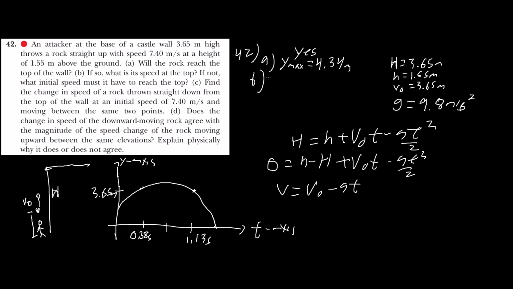Let me store the other one too. Okay, so at 1.13 seconds, the velocity is going to be negative 3.69 meters per second downwards. And then the other one, when it goes towards the top, is going to be 3.